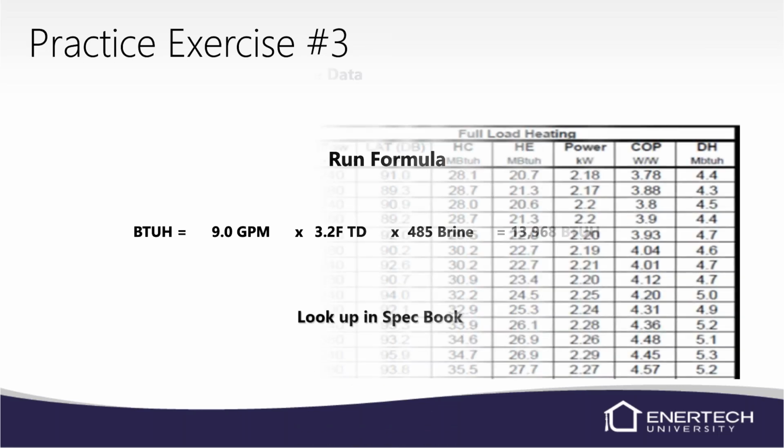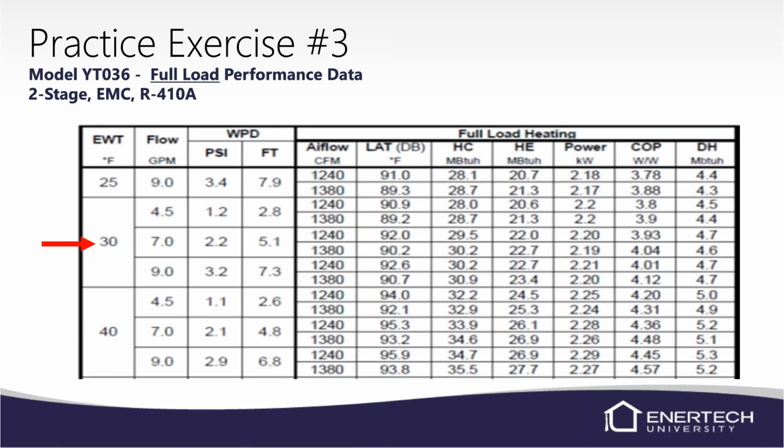We'll compare it with that same manual, 30-degree entering water, 9 GPM, 1240 CFM. That would give us 22,700 BTUs is what the manual is saying that the unit should be extracting from the loop field.